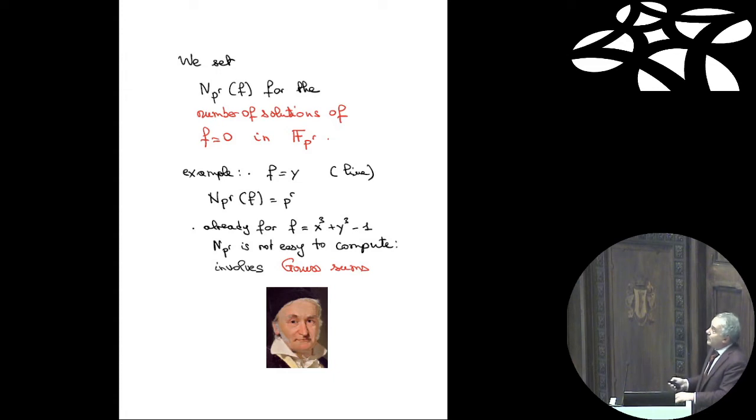So this is a very simple example. We have exactly p^r solutions because we look at solutions at y equals 0, and so we are free to assign any value to x.